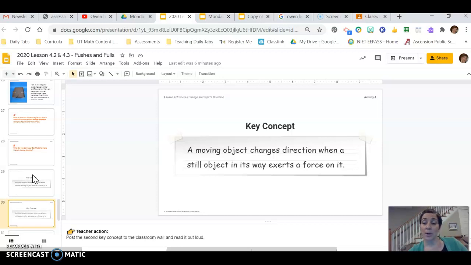So remember, it can hit the side of the box, or it could hit something moving like the flappers. So the bumpers would be a still object, or the side of the box would be a still object, and the flippers or the flappers would be the moving object. We can move that flipper or that flapper to make the ball go in the other direction.